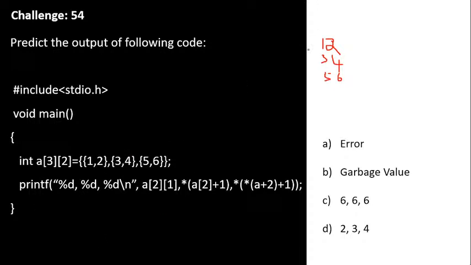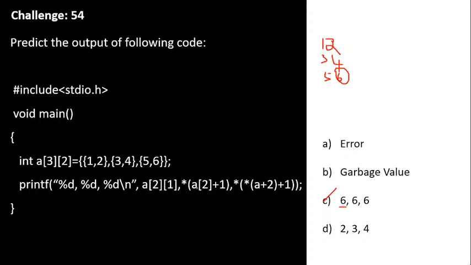So in this case, what is 2 of 1? 5, 6. So this is my 2 of 1. So 6 should be printed. That is very evident, this is 6. So the option is C. But we'll just see what values we are getting here. Let's see if the answer is right.